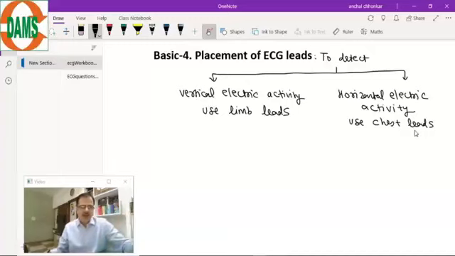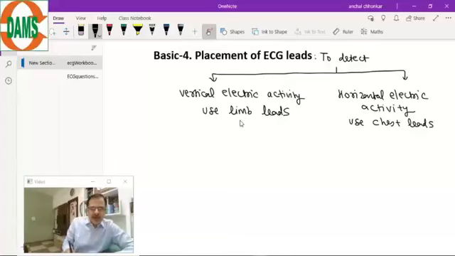Now you can recall back yesterday's basic number 3. Now apply that galvanometer into the placement of the ECG leads. So this is the first section we have just started, the basic number 4, placement of the ECG leads. So for vertical electrical activity, we will use the limbs to make the galvanometer.